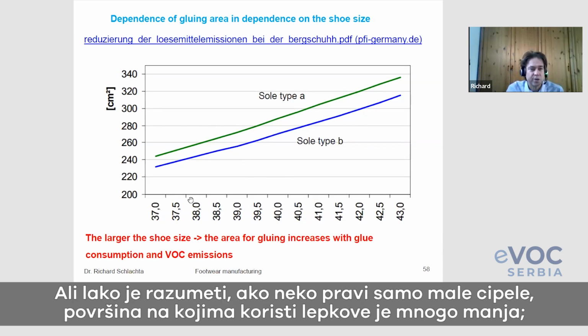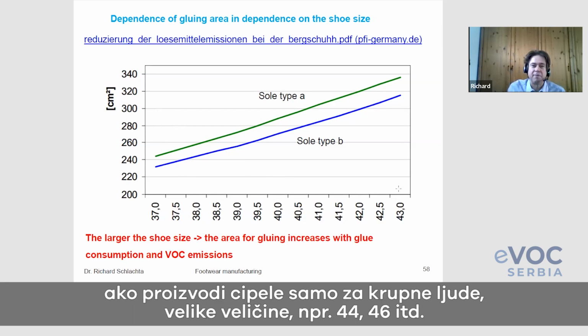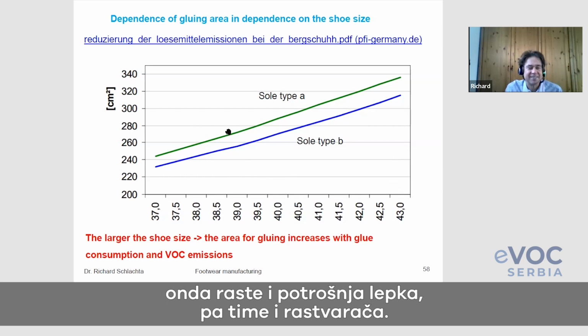If somebody is making only small shoes, of course the area where you have to use glues is much smaller. If you're producing for large people, large shoe sizes, maybe 46 and so on, the glue consumption will rise, and of course the solvent consumption will rise too.